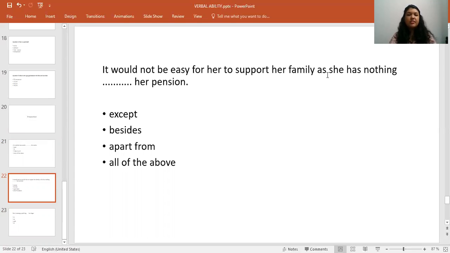So we can use except or apart from. Except and apart from can be used when not or nothing is used in the same sentence.